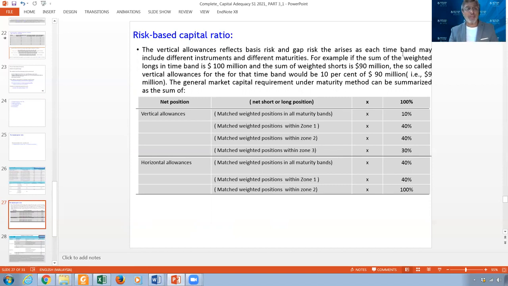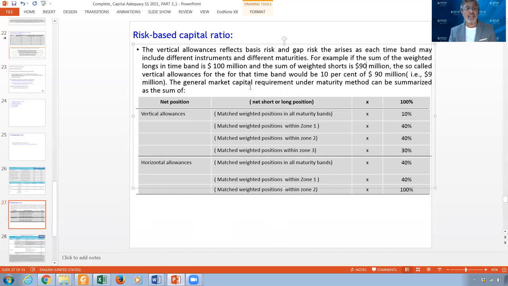So you keep calculating those. Assuming that you have a long in any time band of 100, and the risk weight of the short is 90, the vertical disallowance for that time band would be 10% of the 90, which is your shorts.